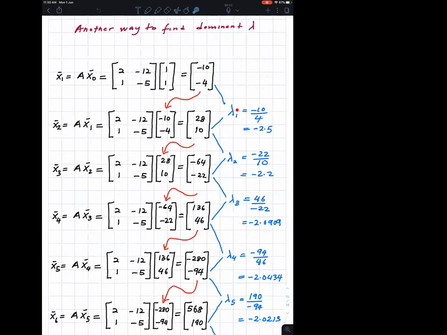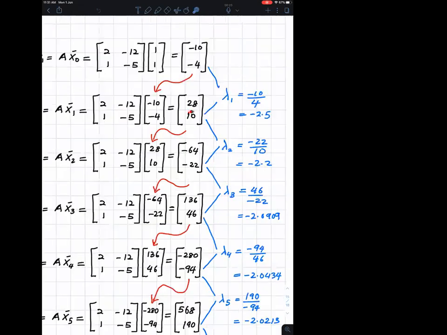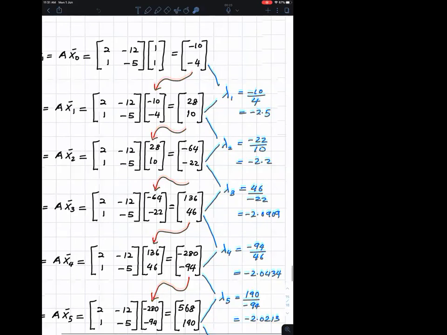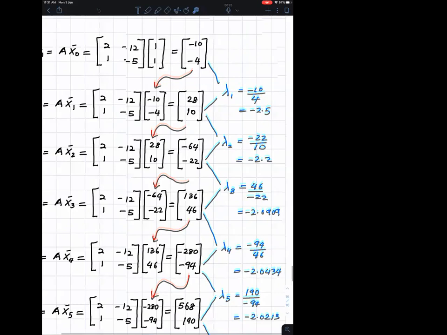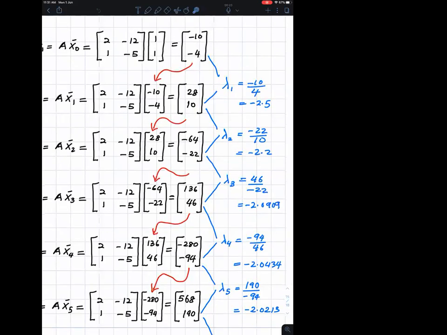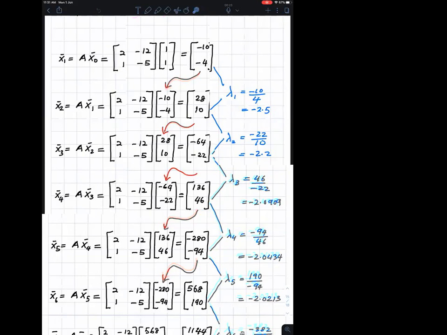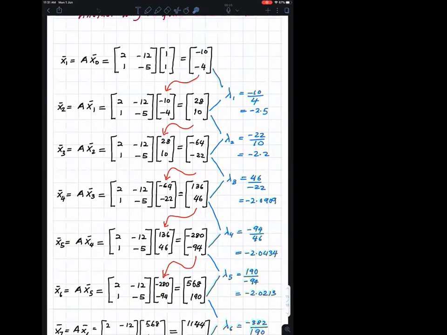First iteration, call this lambda 1, this entry here: 10 divided by minus 4, you get lambda 1. The next one will be, again, we look at the current output on the second row, divide by the previous output on the second row, and then you get lambda 2. Similarly, when you continue with this, you will see the answer is converging to minus 2. I will upload these notes later on. Maybe you guys can look over.